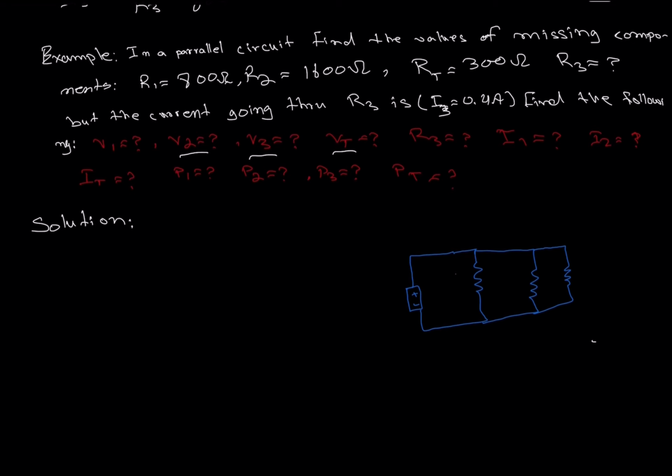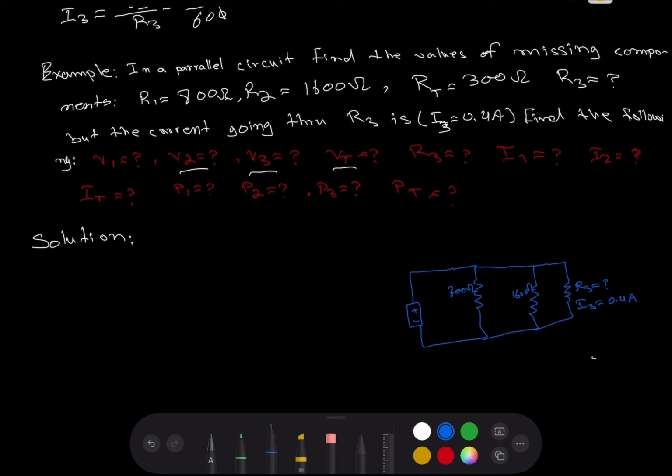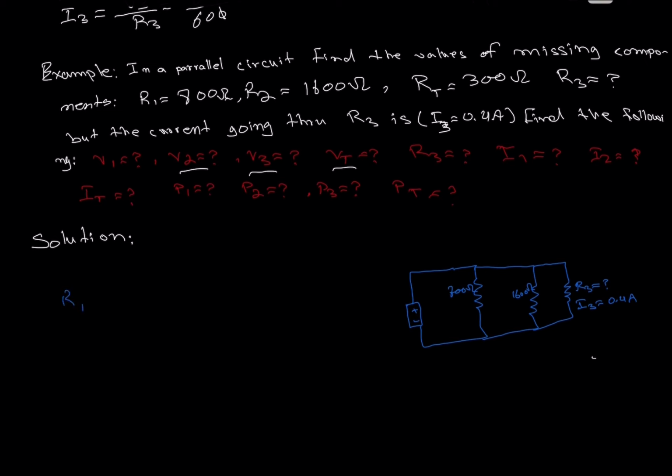So R1 is 800 ohms, R2 is 1600 ohms, R3 is unknown, and I3 is 0.4 amp. And find the missing value. So RT is given as 300 ohms.